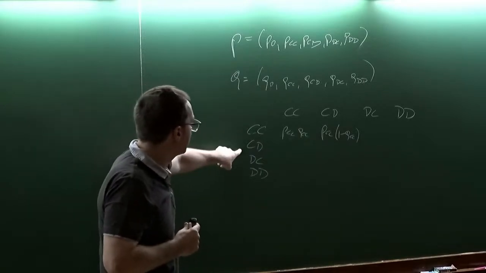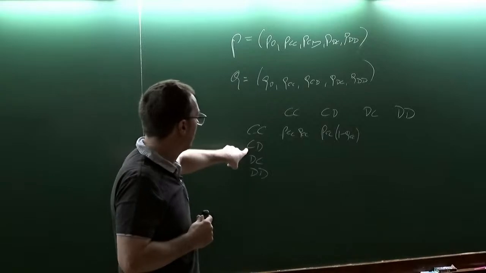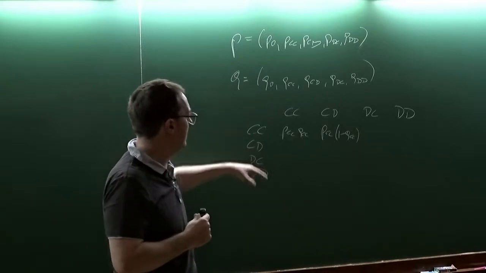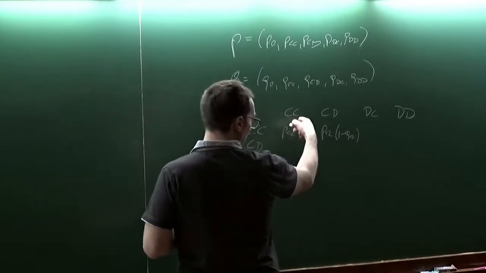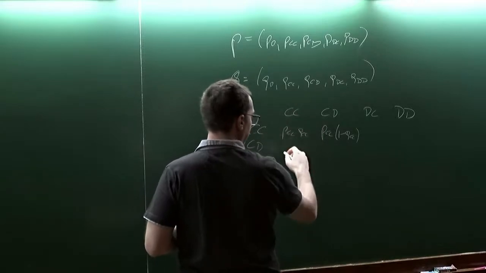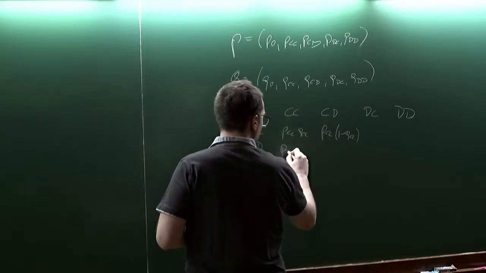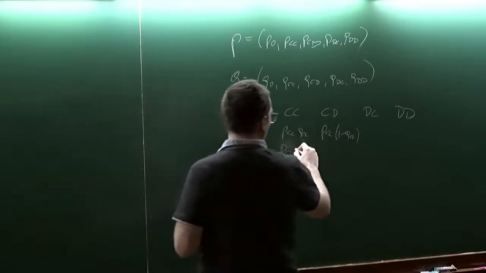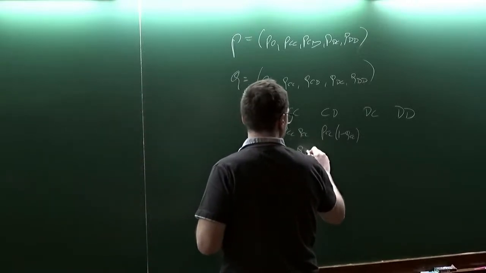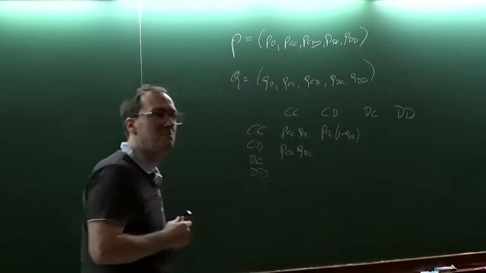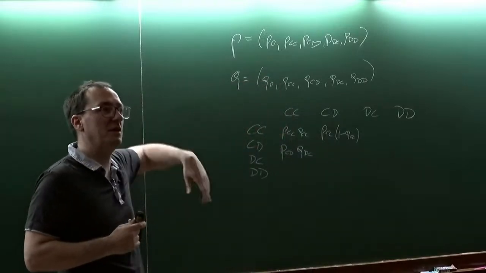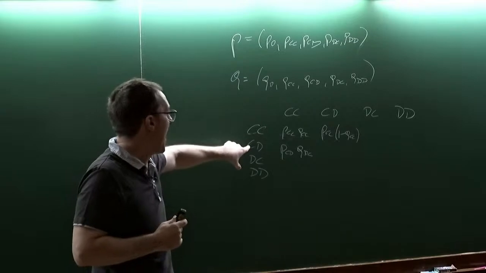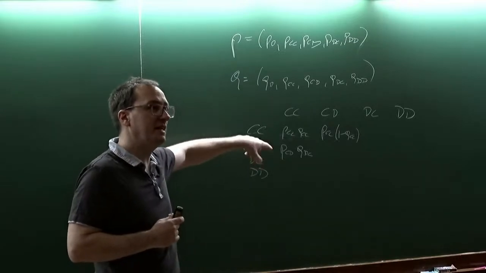Perhaps the only interesting case is, for example, what happens if the previous outcome was CD? I want to know what is the probability that we both cooperate in the next round. For me, the relevant cooperation probability is PCD. But for my co-player, the relevant cooperation probability is QDC, because for him it looks the other way around. In the previous round, I cooperated and he defected.